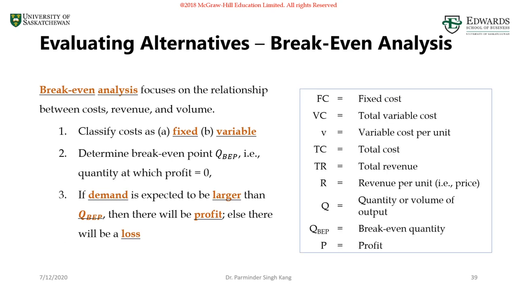So when it comes to costs, we are going to break it down into two key categories: fixed cost and the total variable cost. So fixed costs are the ones which remain constant despite the quantity of output. Some examples of fixed costs are property tax, machine cost, facilities cost, right?